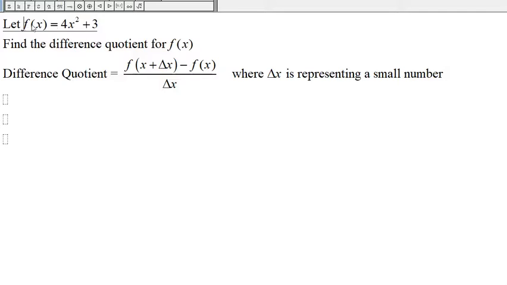And so to get the difference quotient, first we need to find f of x plus delta x. And again, to get f of x plus delta x, we just replace x with x plus delta x.